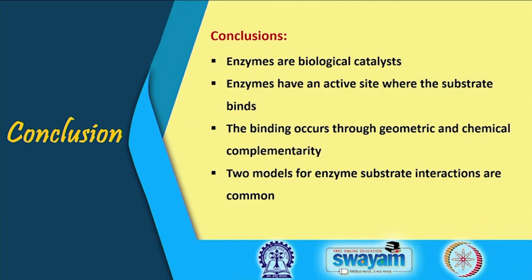Now, we understood that enzymes are biological catalysts. What does this mean? This means that there is an active site, there is a transition state, there is an activation energy. When this activation energy is reduced, like in any kinetic reaction, we have a catalyst present. In this case, our catalyst is an enzyme, the reaction is a biochemical reaction, and the enzyme is a protein.